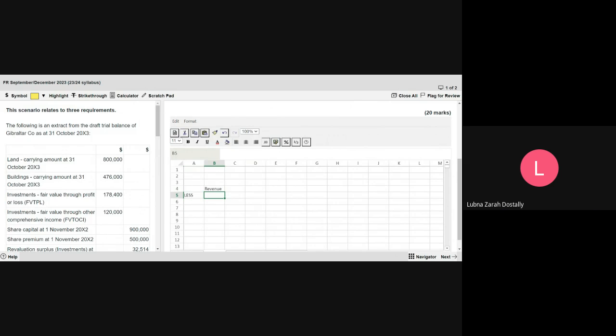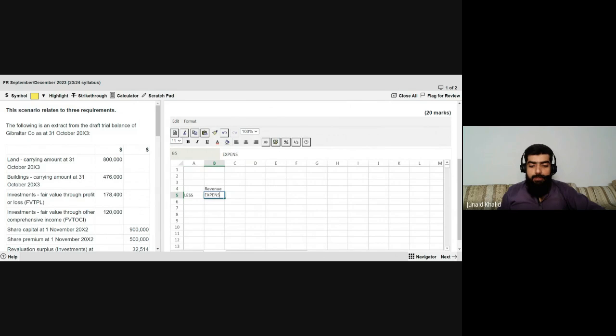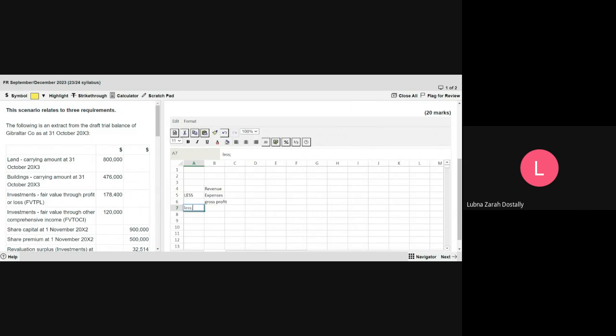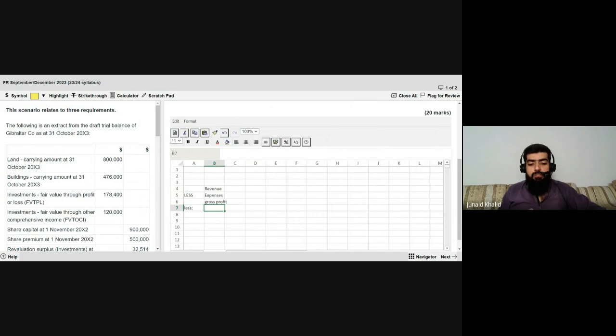So I'll be making a full-fledged format, and then I'll be putting the values over there. And then we arrive at the profit that is known as gross profit. Then we will be deducting the variable cost, or we can say the operating expenses.